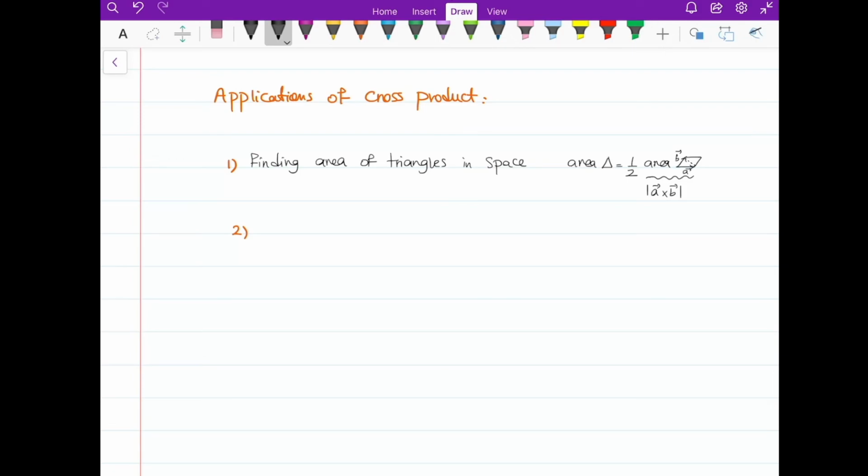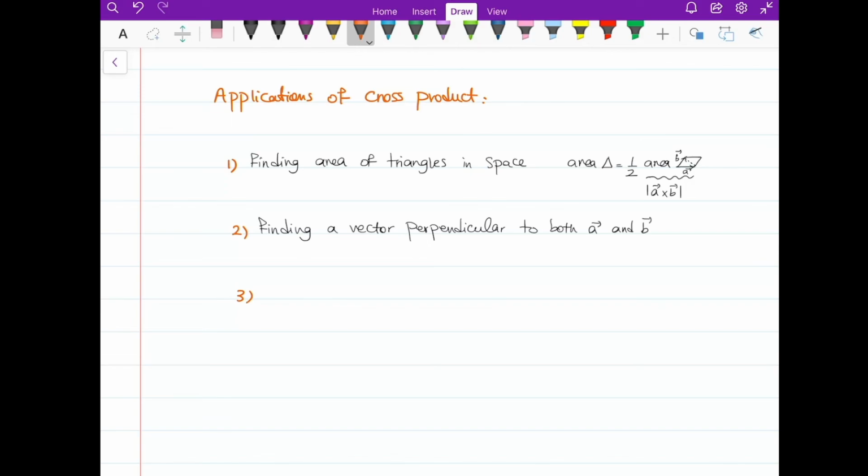Then we can find a vector that is perpendicular. So I say finding a vector perpendicular to both A and B. We can find vectors that are perpendicular to both.